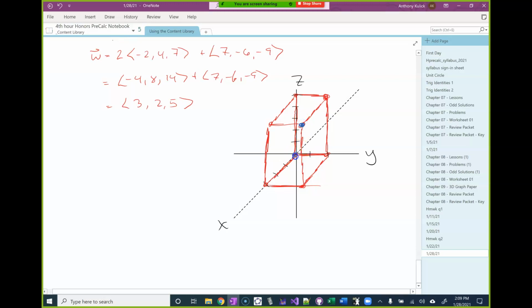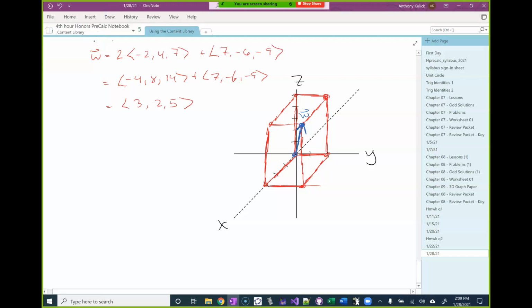So there's my point. There's the origin. So there's my vector w. Okay with that?